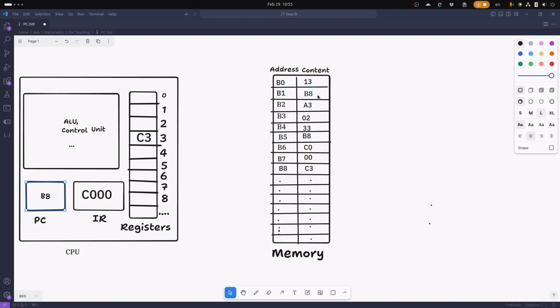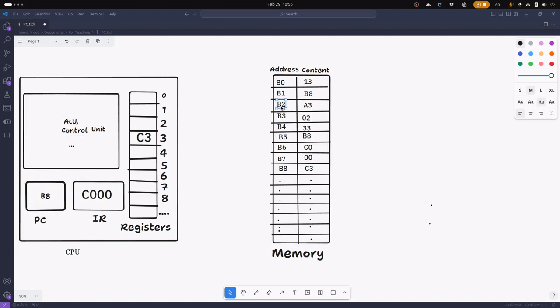Take the first value and load it into the instruction register, change the program counter to B2, and then execute the instruction you got. After executing, again go to the program counter and see what the value is, and depending on this, again go to the memory cell and take it.